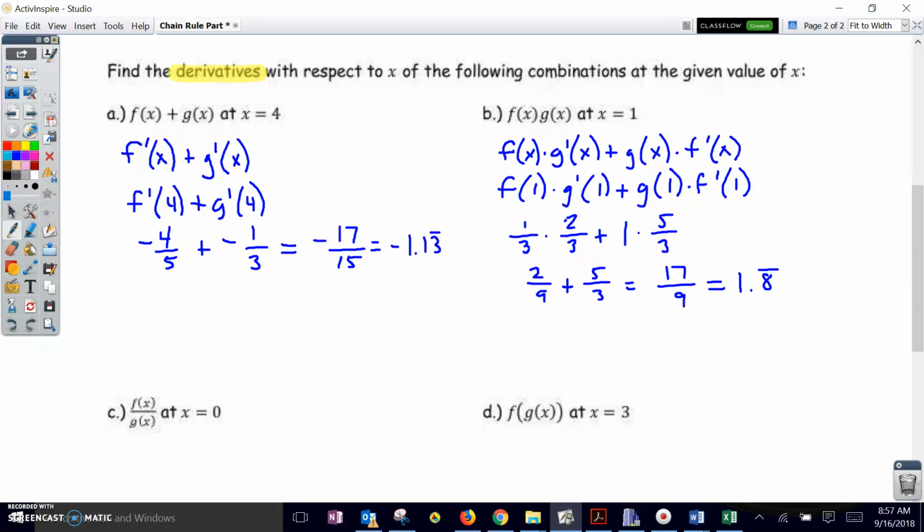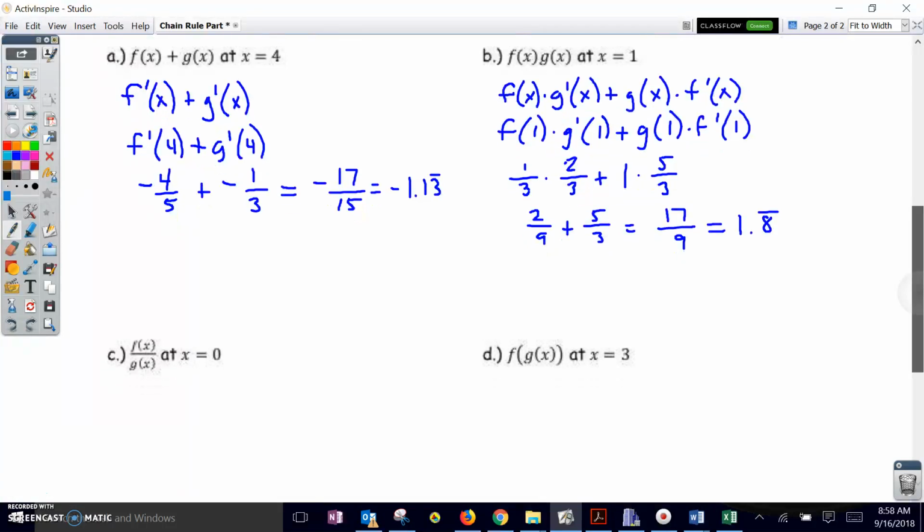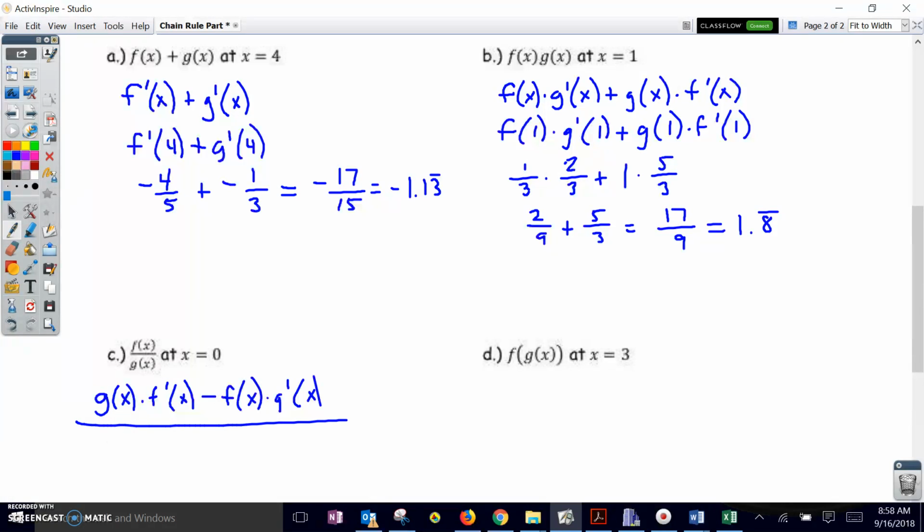In part C, we're going to find the value of the derivative of f of x over g of x at x equals 0. So first we're going to take the derivative of f of x over g of x. So we've got low times the derivative of high minus high times the derivative of low all over our denominator squared.